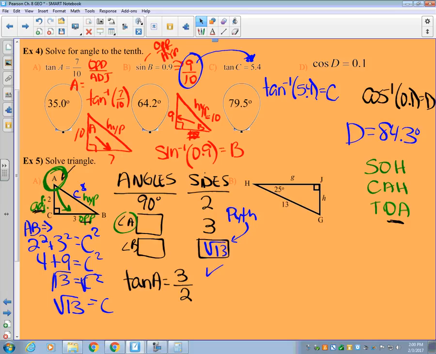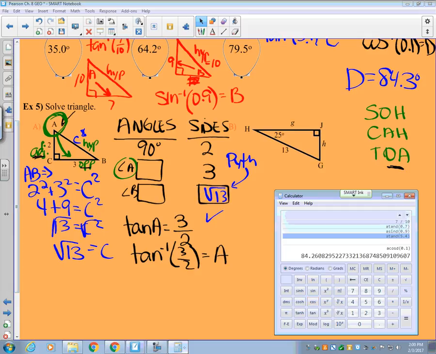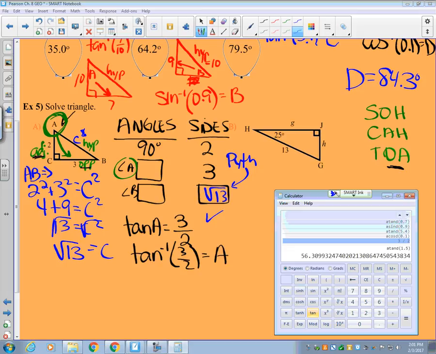So for us, that means the inverse tangent of 3/2 is equal to angle A. And that's, once again, a calculator item. I'm going to divide, because my calculator wants the number first. So 3/2 is 1.5. Then I'm going to inverse tan that, and I get 56.3.